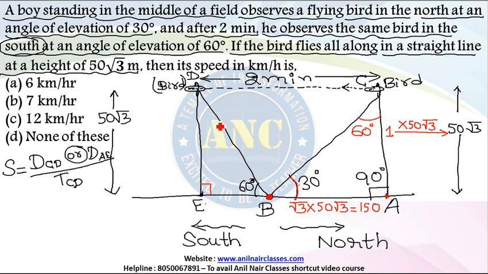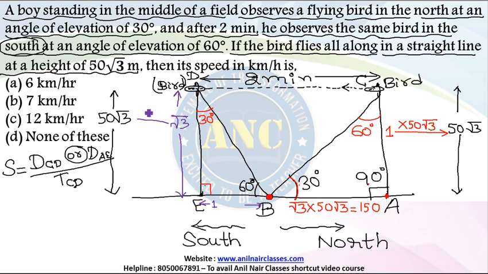Same thing. This is 60. This is 90. So this should be 30 degrees. So if I represent it in a different color for your better understanding, opposite to 30, if I assume it as 1, opposite to 60 will be root 3. That means this entire thing will be root 3. But according to the question, opposite to 60 is not root 3.